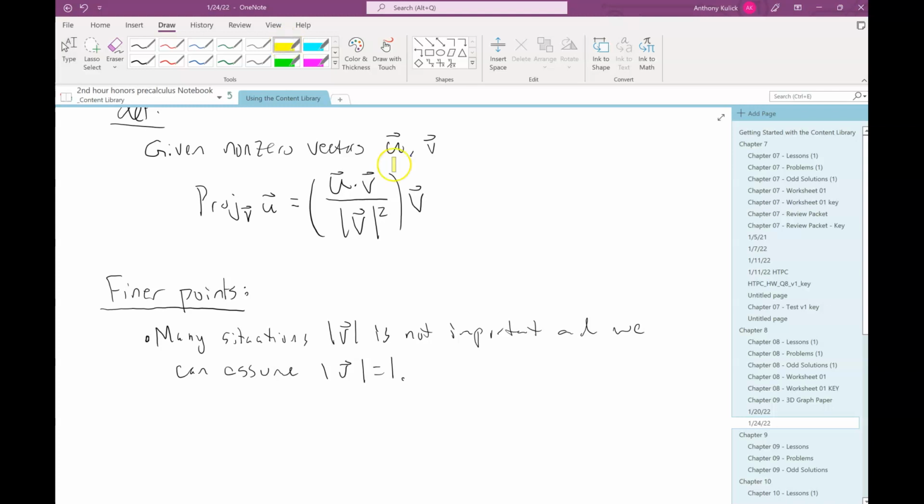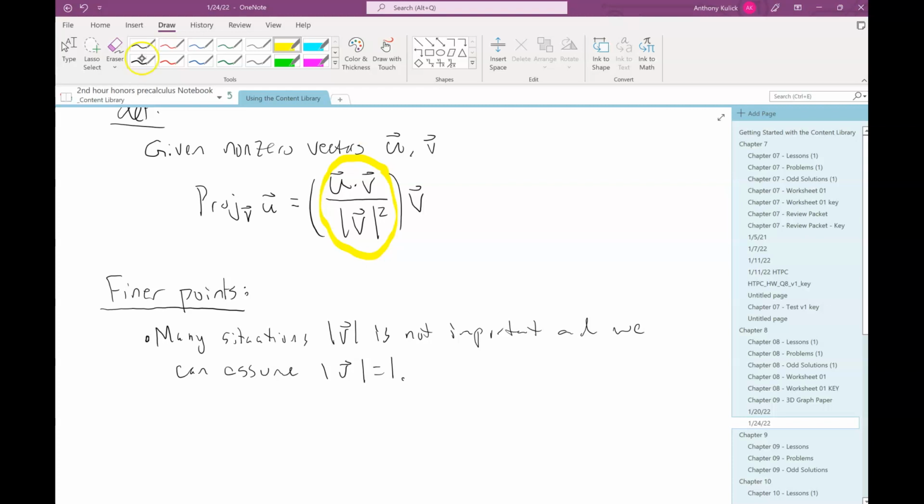And then the other thing to point out to you guys is this piece, U dot V over the magnitude of V squared. U dot V gives a real number because it's a dot product. And the magnitude of V squared is also just a real number. So what we're really doing here is just a scalar multiplication, right?